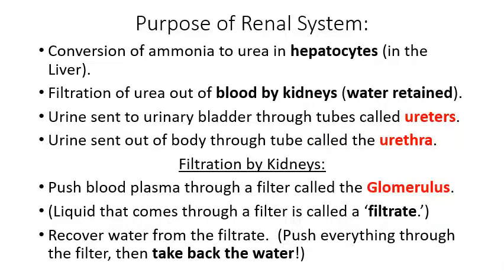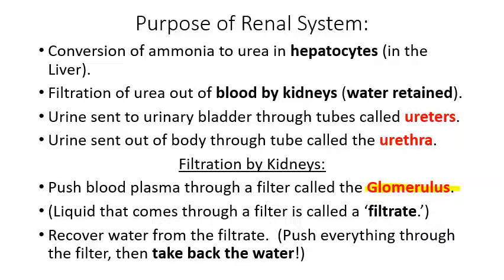Okay, so filtration occurs inside the kidneys, inside little tiny filters, and the microscopic filters contain a little tiny bulb called Bowman's capsule, which contains a little tiny capillary called the glomerulus, which acts as the filter.